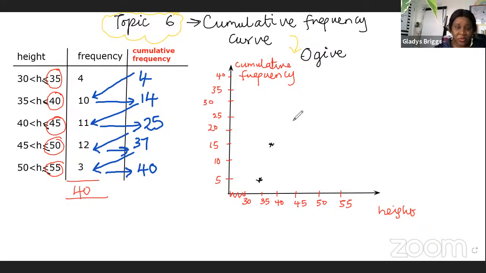So 45 and go all the way up to find 25 right there. 50 and 37 up here. And then 55 and 40. So here.